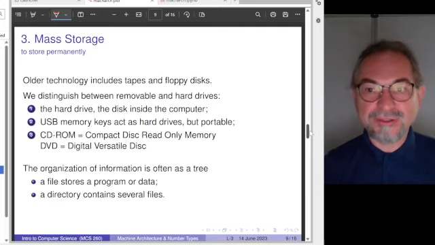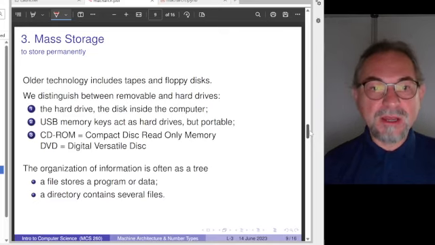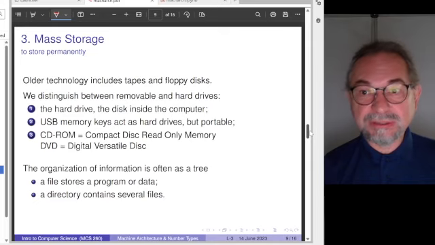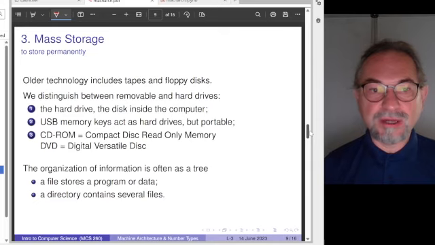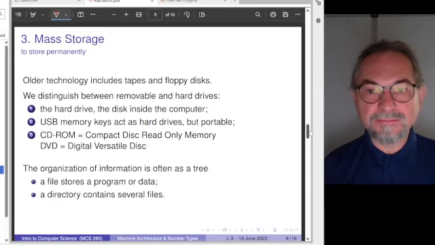The first laptops that I bought all had CD-ROMs and DVDs. Now they have disappeared from laptops. You still have memory sticks. So you have still widely used memory keys. They are portable hard drives.